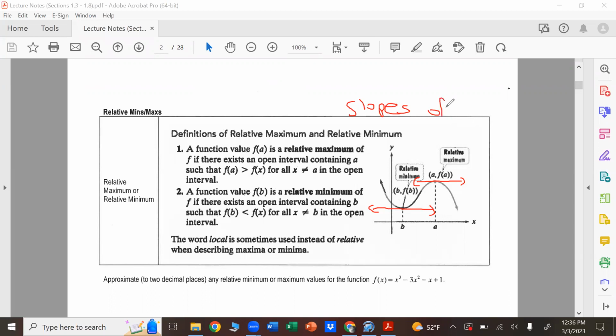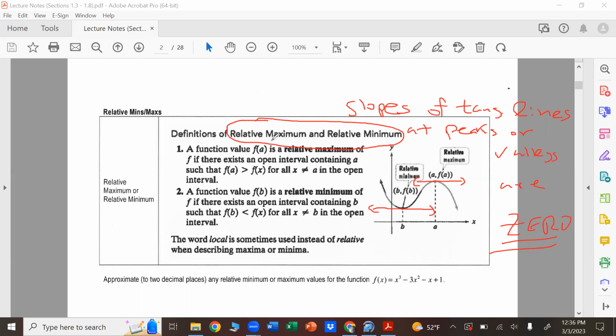So slopes of tangent lines at peaks or valleys are 0. That's how you could tell if it's a relative min or max.